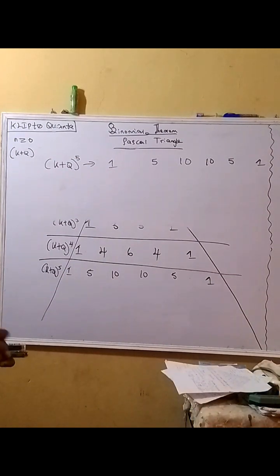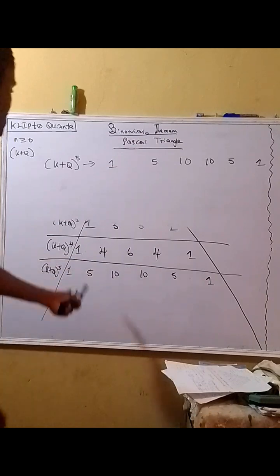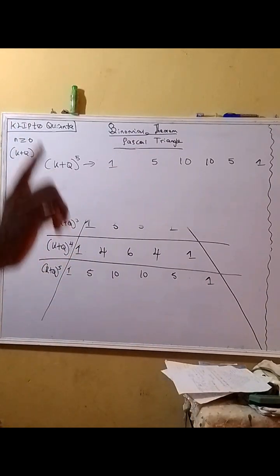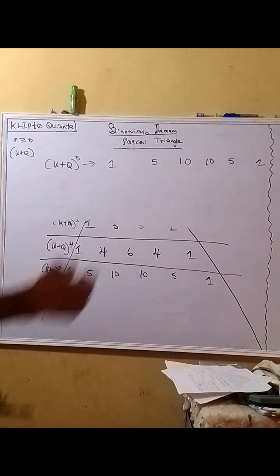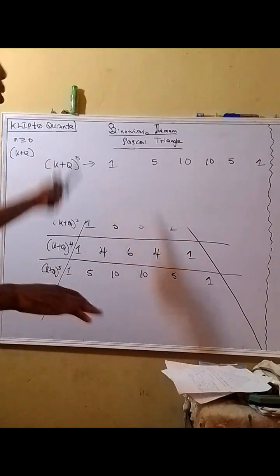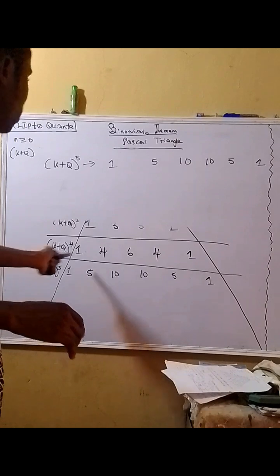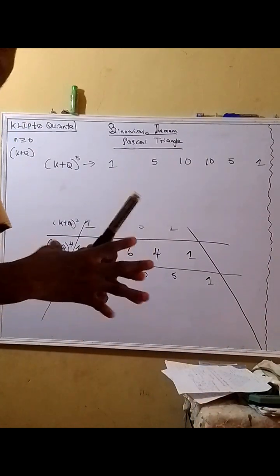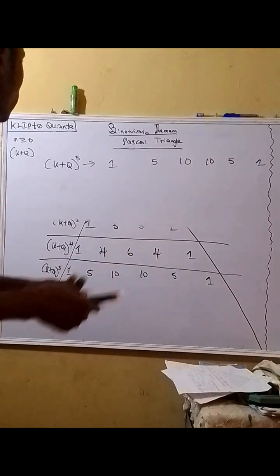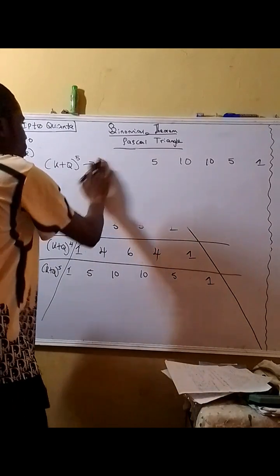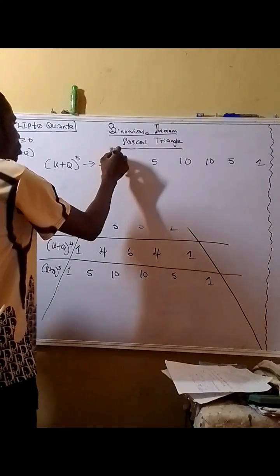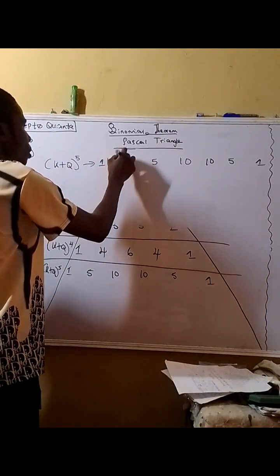Now what you have to do is, at this point, you should know that what separates them is plus. Do not forget. If you remember what I talked about, as k increases, q decreases. That shows that k and q are together, like a product. You have 1, and k starts from the highest value: k raised to power 5, q raised to power 0.